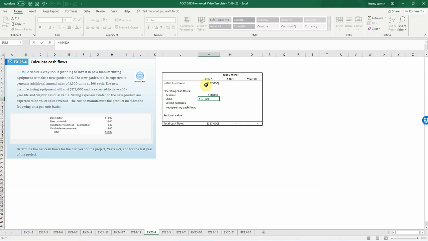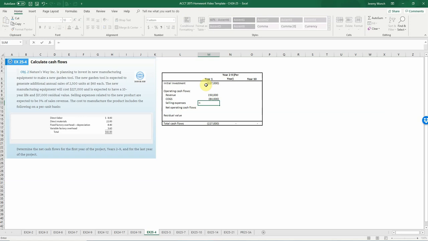And so the fixed factory overhead is depreciation, so that's not cash, and we're calculating cash flows here, not income. So really, we want to ignore depreciation and just do the cash expenditures, and that's going to be $360 for the variable overhead. If we multiply that times our units, it's going to give us cost of goods sold cash spent of $84,000.